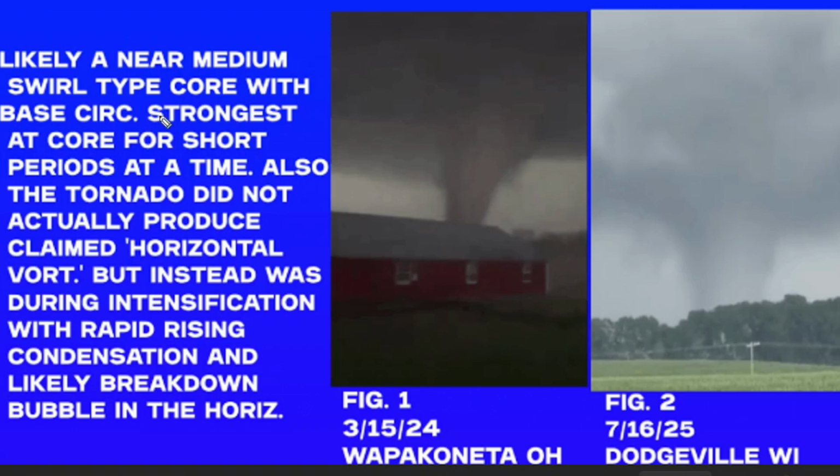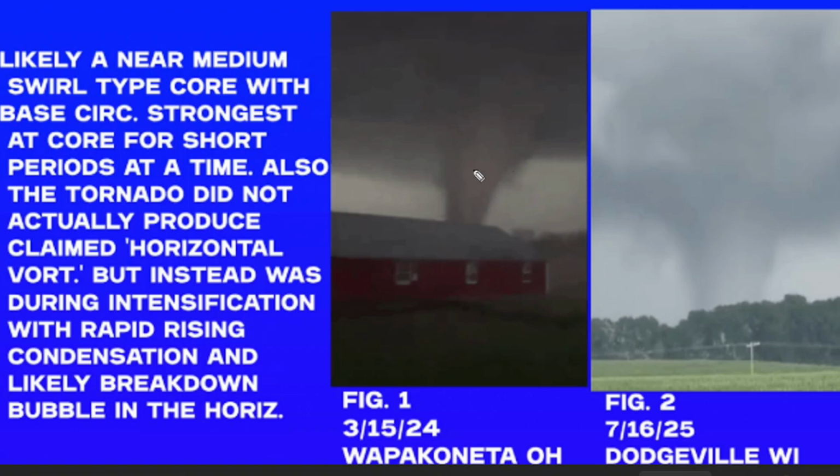And so the strongest intensity at the base of the circulation would occur for short periods of time in the core, and so you probably get these instantaneous gusts near the surface.